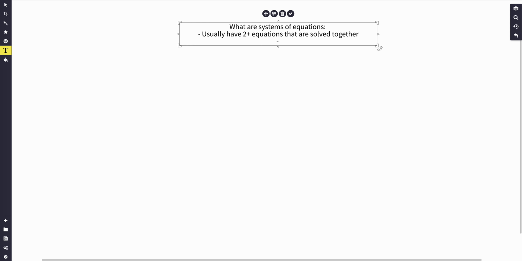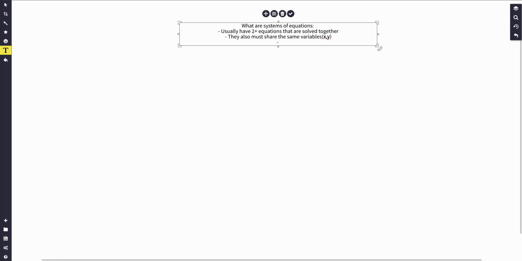They also must share the same variables. So this could be x comma y, or a, b, or something like that. I'm just going to leave x, y here as an example.